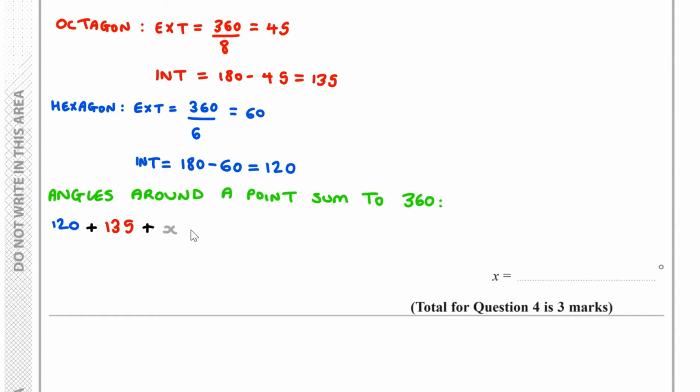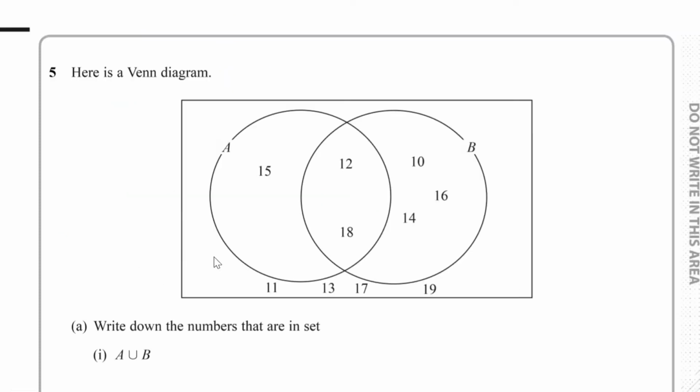All of this is equal to 360 degrees. And therefore, if we simplify this, you can see 120 plus 135, that's 255. So we have x plus 255 equals 360, and subtracting 255 from both sides, you will find x to equal 105. So x is 105 degrees.